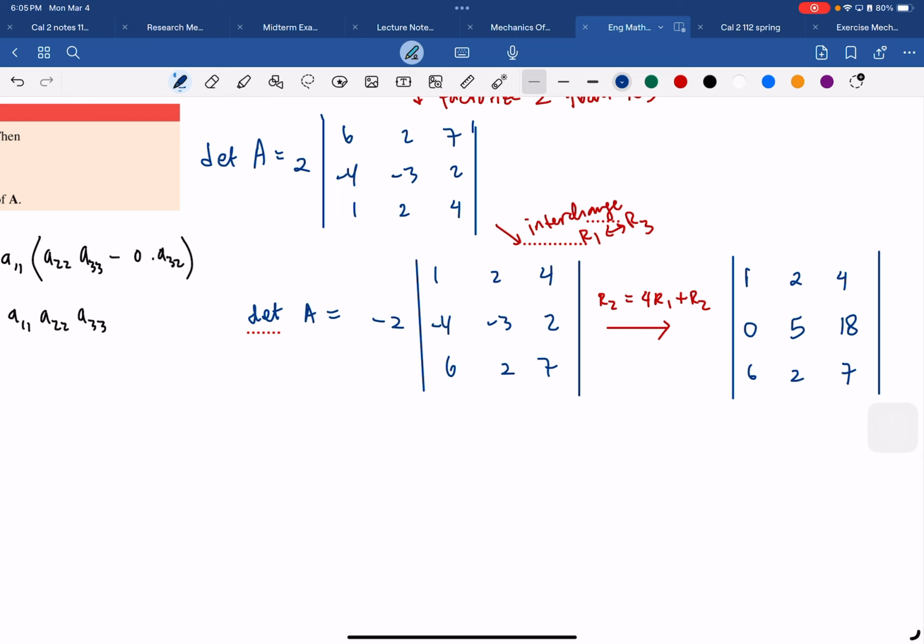Now the next is we have the third row that we still have 6. So I'm focusing the 6 to go with 1. So I will make the 6 0. So I will multiply 6 to the first row minus the third row. So let me just do that.